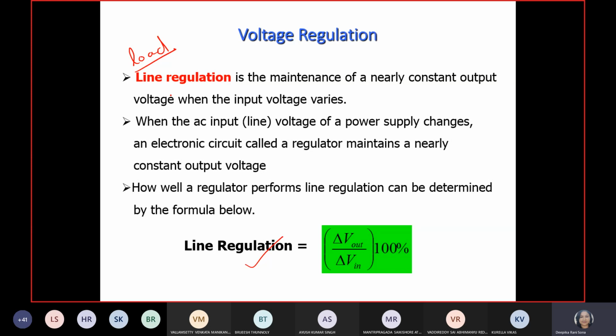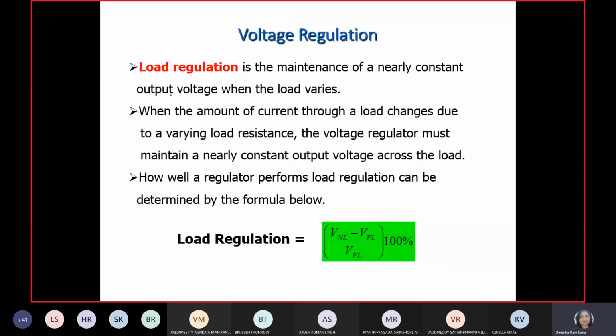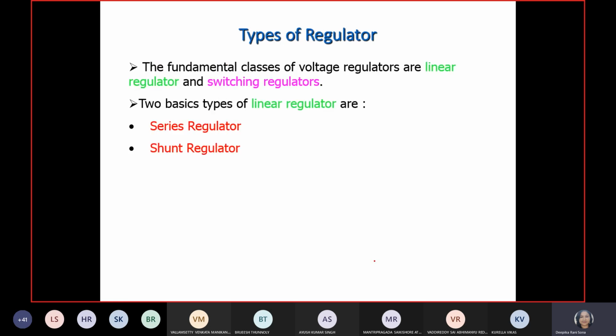That should be constant even though the load resistor value changes, so that our load current changes, but we still get a constant output. For that, guys, this is the load regulation formula: the difference between no load and full load, and the ratio of this difference to the full load condition gives the load regulation value. Okay, these are the two things we use to find the voltage regulation.